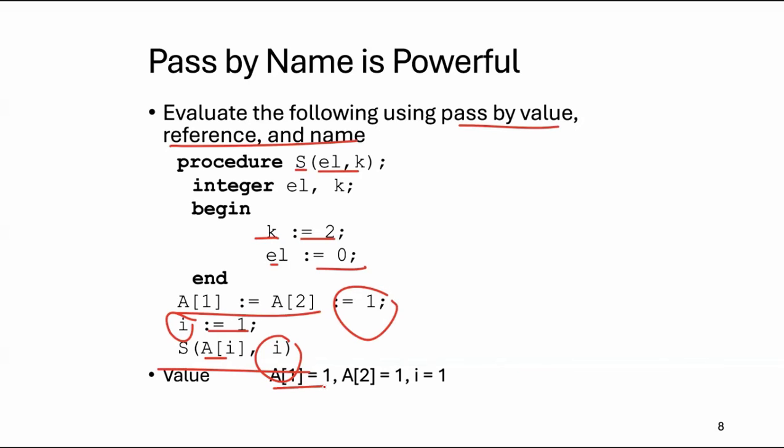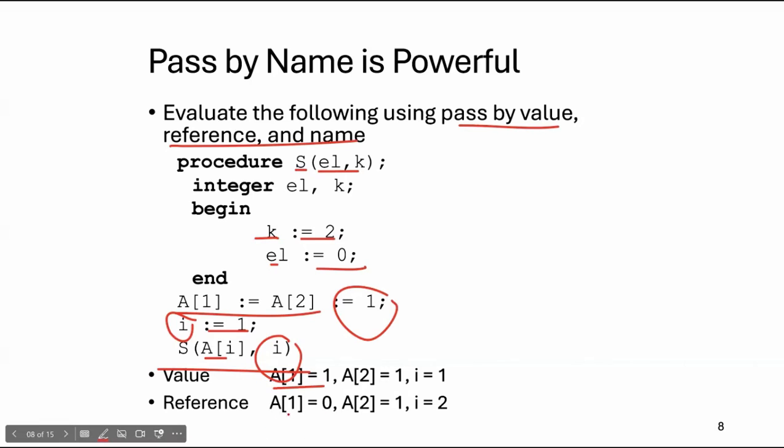Now, when we do pass by reference, we send the address. So we're going to send the address of A of 1 to our procedure, and we're going to send I as well. So what is going to happen? A of 2 was not sent to the procedure, so A of 1 is the one going to be changed, because this represents the address, the location of A of 1 itself.